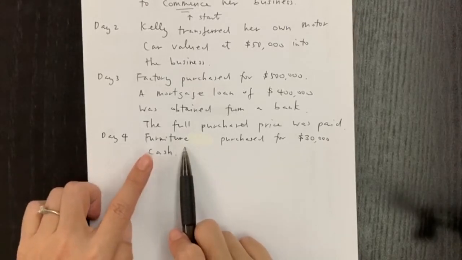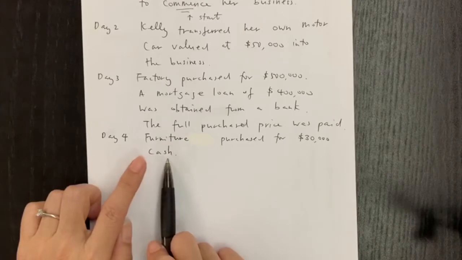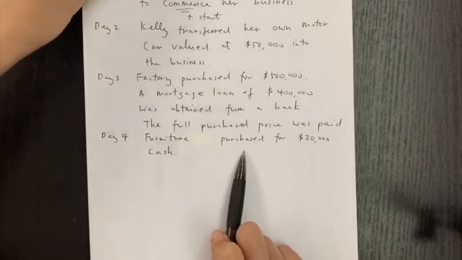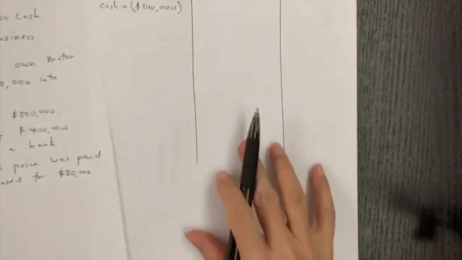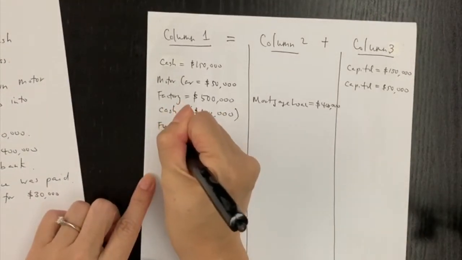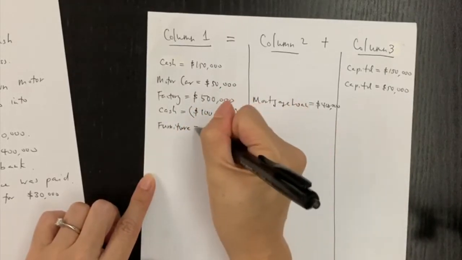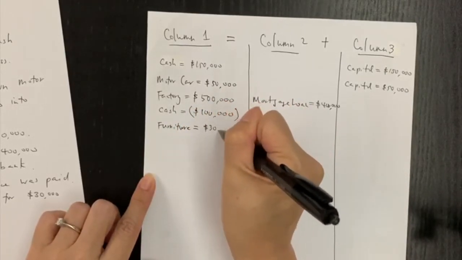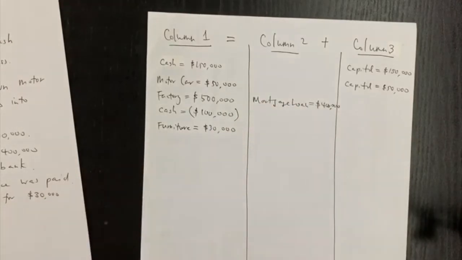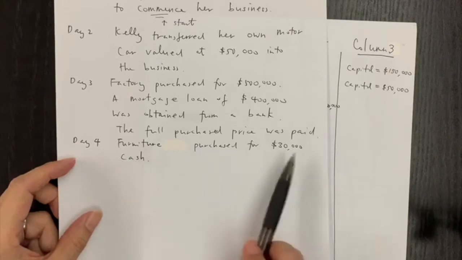We have this: furniture purchased for 30,000 cash. So what do we have in column 1? Column 1, therefore, we have furniture, and the value of furniture is 30,000, right? Whenever we buy things, we must pay money, so we pay cash.